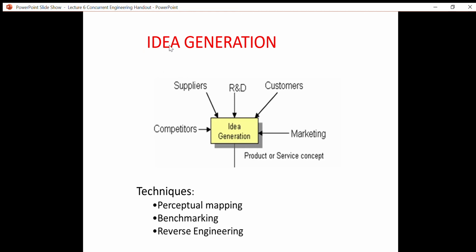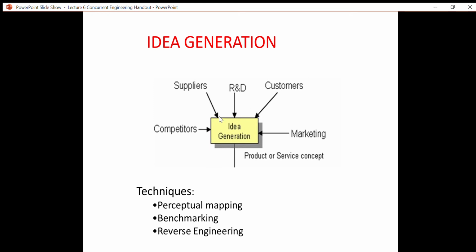For idea generation, we already learned how to bring out ideas. We have some techniques: we already learned brainstorming and reverse brainstorming. From there, we also have perceptual mapping, benchmarking, and reverse engineering to get ideas.